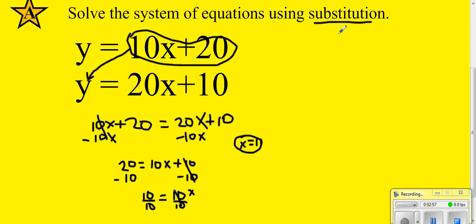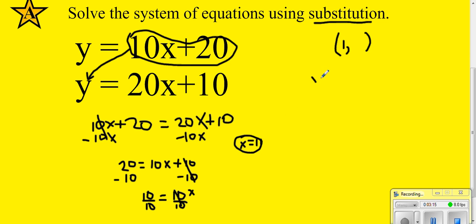You need a y. What you have is one part of where they cross or intersect, but you need a y coordinate. So I'm going to put this 1, this x is equal to 1, into one of these, substitute into one of these equations. Doesn't matter which one you use.